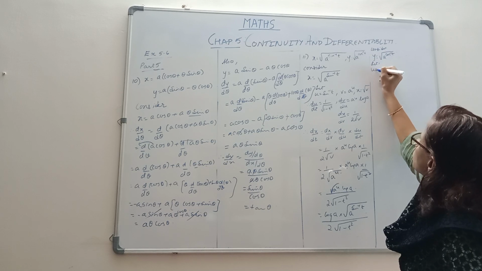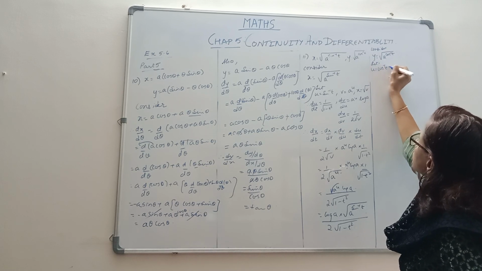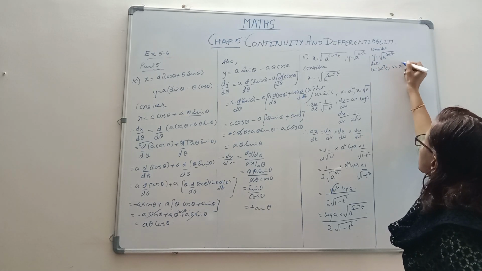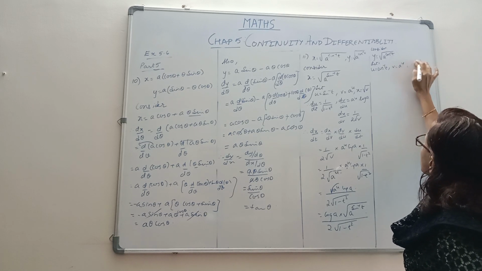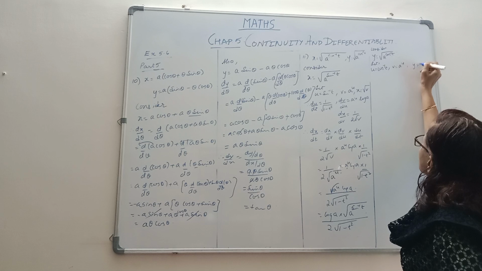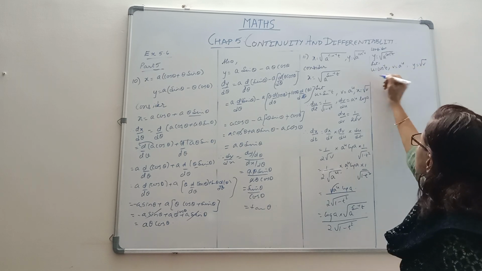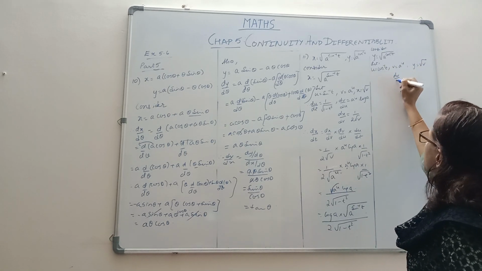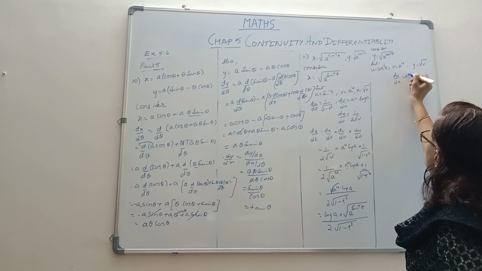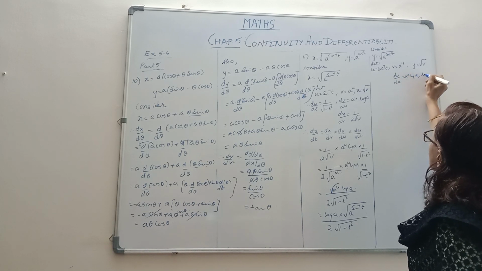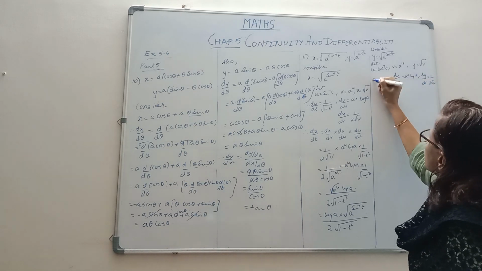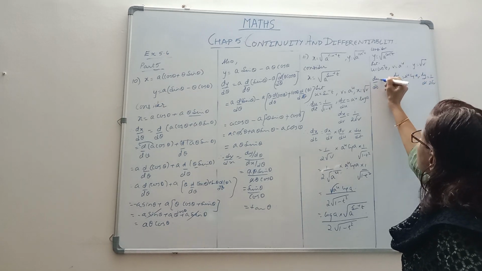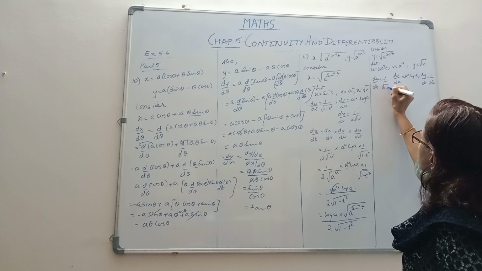Let u be cos inverse t, v be a raised to u, and y be root of v. So we have this first: a raised to u log a, dy by dv is 1 by 2 root v, and du by dt is minus 1 by root of 1 minus t square.